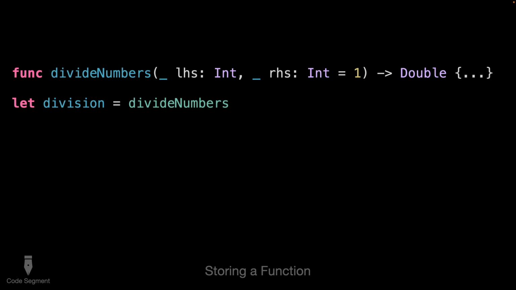So if you were to open parentheses and pass in some numbers, it'll do the calculation, it'll return the double, and then division will have a type of double, because Swift does infer types if you don't provide an explicit type, because it needs every single constant and variable to always have a type.